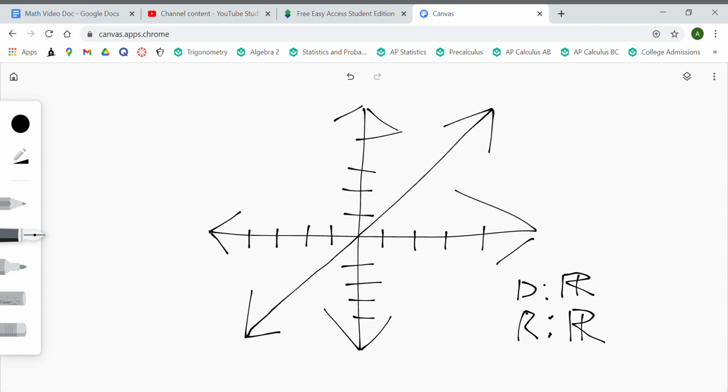Alright, so we're going to be starting linear functions in the next lesson. Yay!